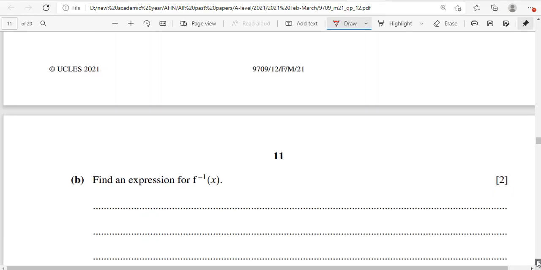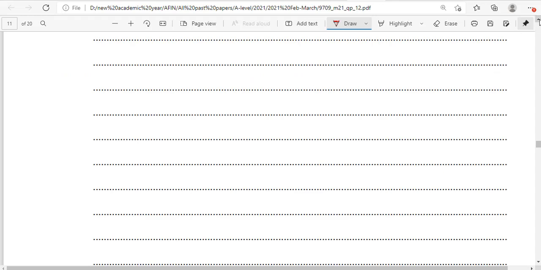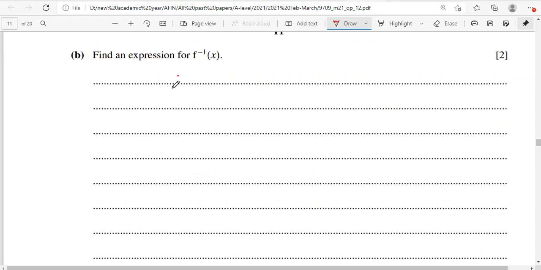So f is equal to (x plus 1) squared plus 2.